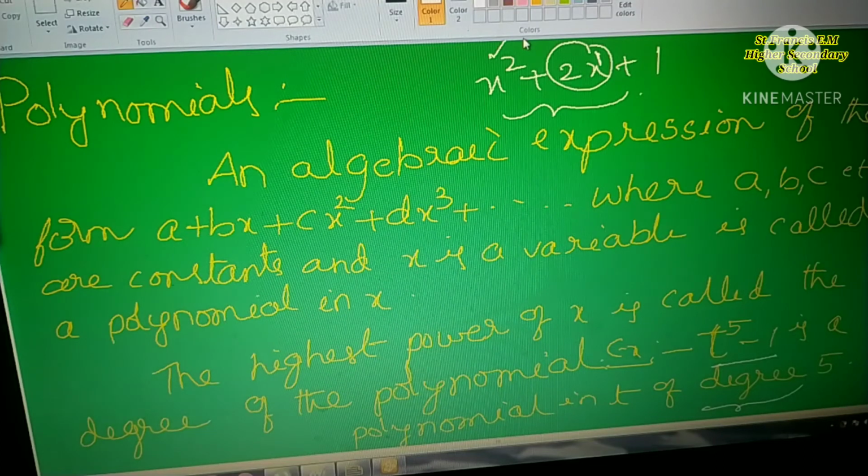The highest power of the variable will be called the degree of that particular polynomial. Here they have given t power 5 minus 1. This is a polynomial in variable t and the degree of this polynomial is 5, the highest power. The highest power of the variable is the degree of that polynomial.